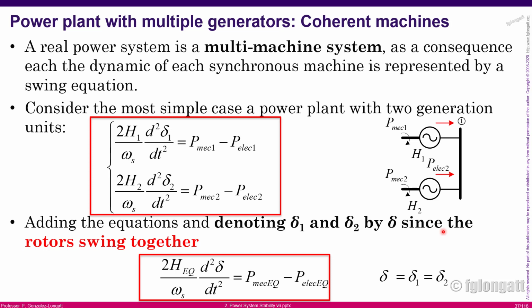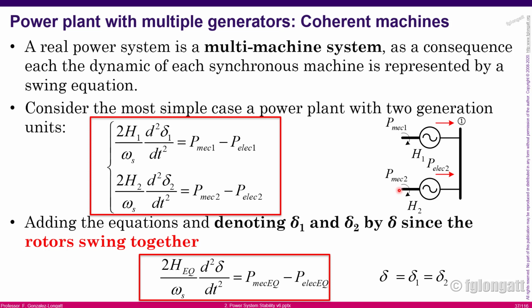For instance, over here, you can see on the right-hand side that I am presenting two generation units connected to a bus bar, and the electromechanical behavior of each generation unit is represented by a swing equation.